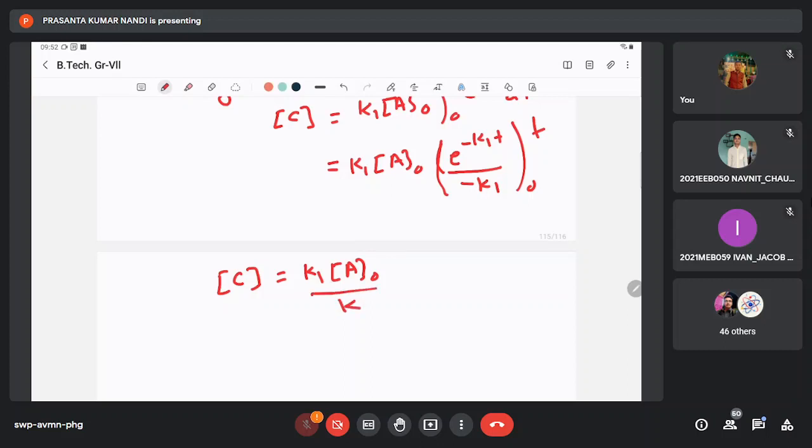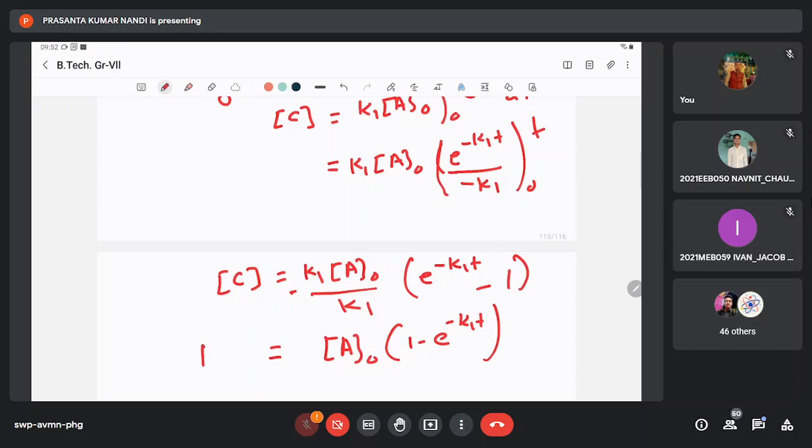K1 is constant, so I can take the minus sign here. It would be e to the power minus K1t minus, with 0 meaning 1. So if you observe the negative sign, we can write A0 into 1 minus e to the power minus k1t. Okay, so this is the answer.